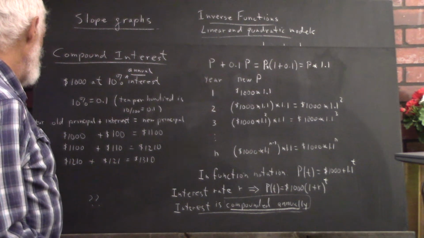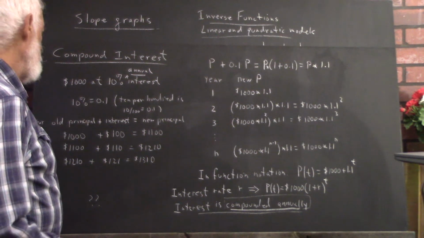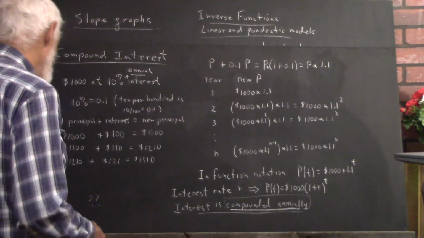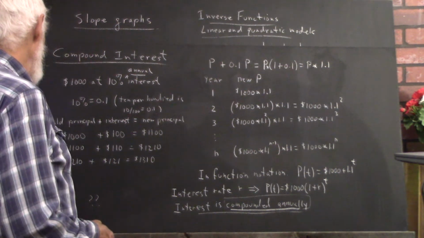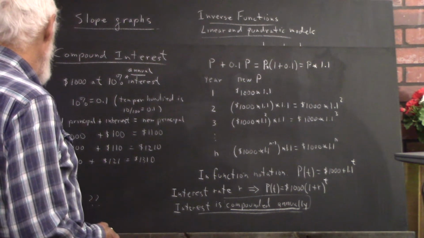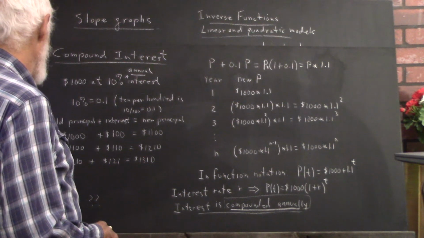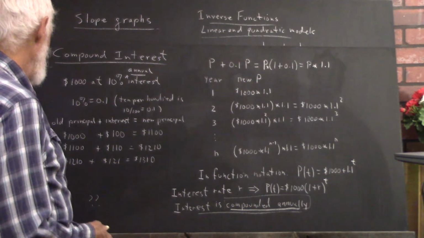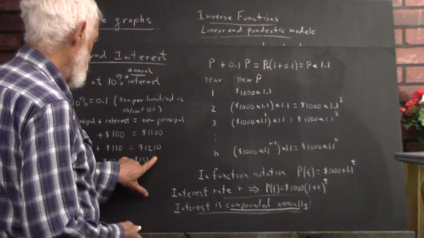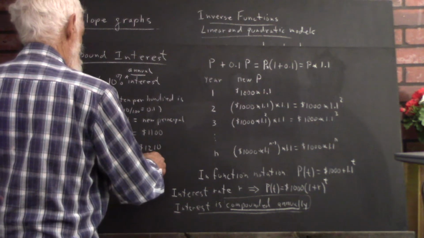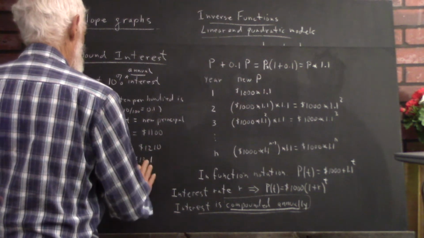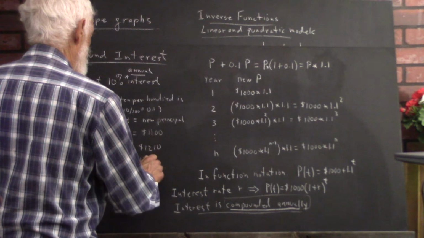I wrote down 1310 because I wasn't thinking at all. If I add $121, I get $1,311, don't I? And it's 1,331.